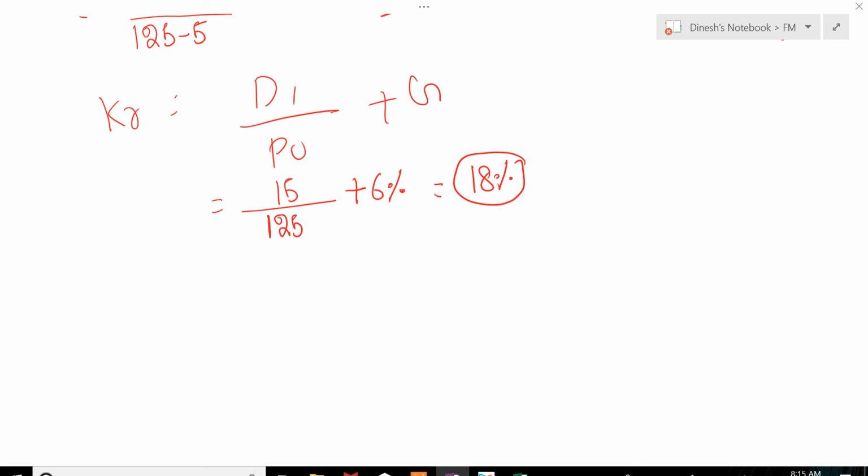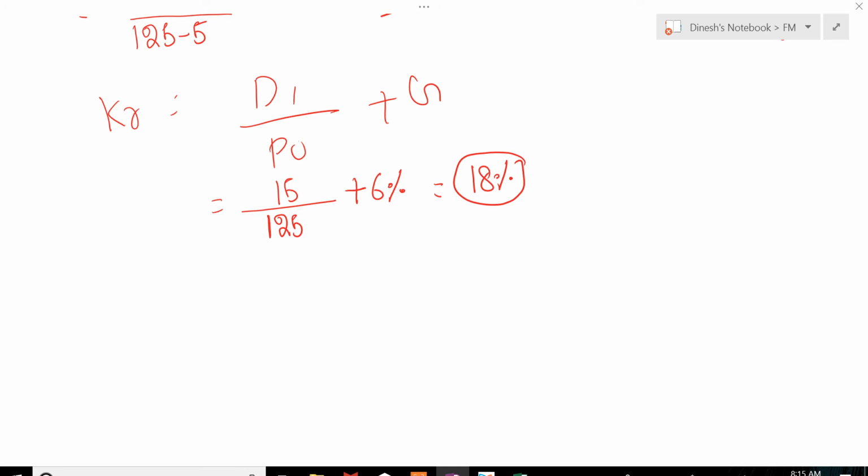KR is 18%. KE is 18.5. KR has to be lower than KE if these two things are there. Otherwise, it will be equal. In no circumstances, KR will be greater than KE.